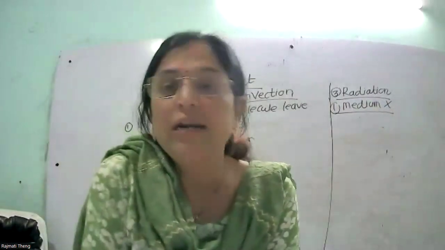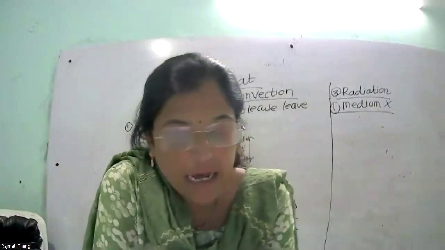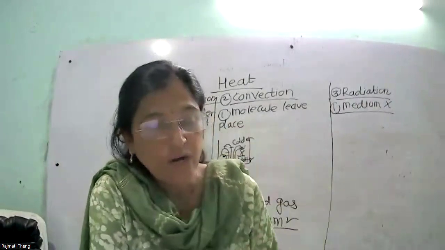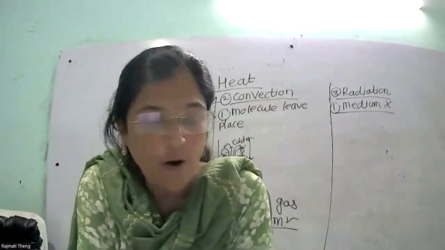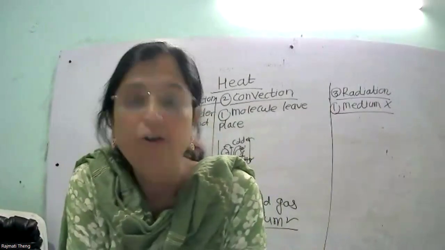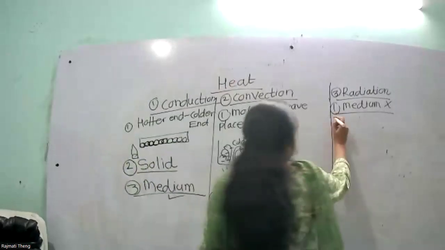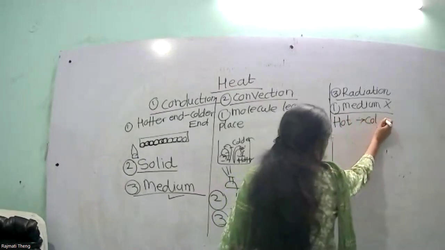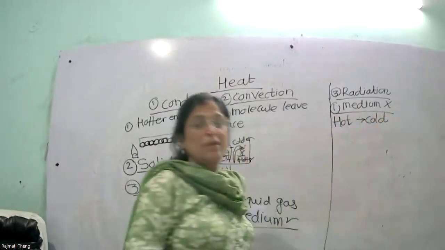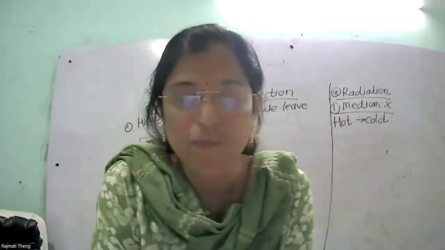So next one, the third way of transfer of heat. Another way to transfer heat is directly from a hotter to a colder body without any medium. So heat directly passes from the hot body to the cold body, but medium is not important.